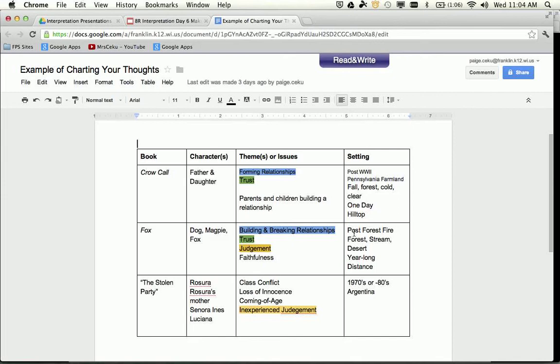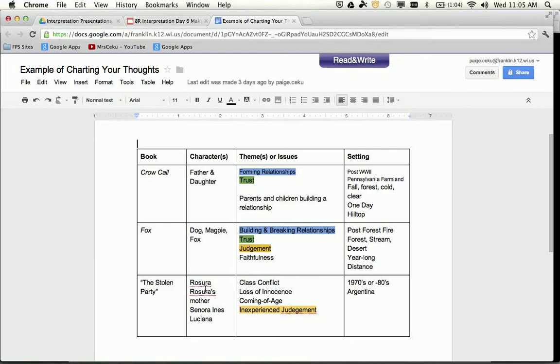So the setting was post-forest fire, and it was in the forest and the stream, and then later in the desert. It happened over a period of time, maybe a year, and then it was in the distance. I'm sorry, not quite sure what he means by distance. Oh, they traveled a distance, sorry.